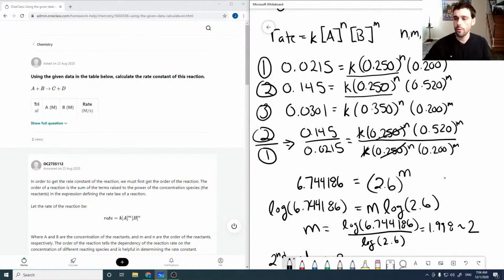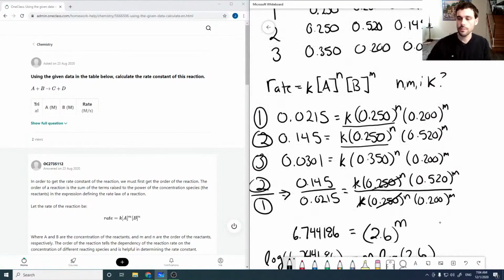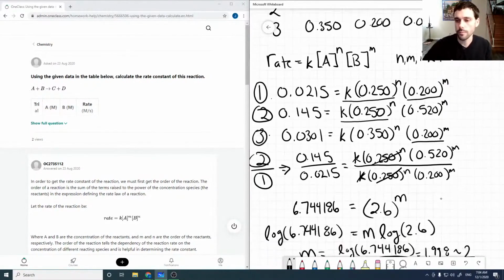So we would look for two of these equations where we can remove everything except the N's. And so if we look at our 1 and our 3, we have this factor in both of them. And so it looks like if we take 3 and divide by 1, then we will get our N on its own.